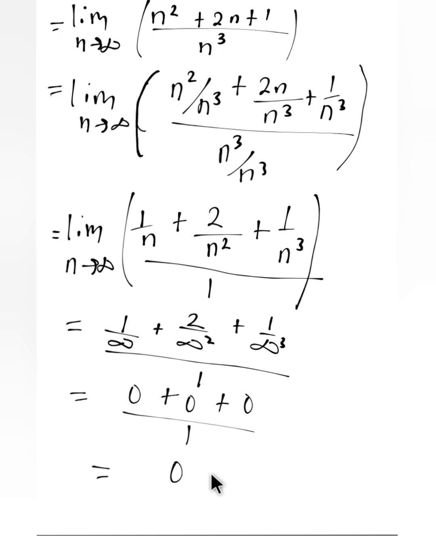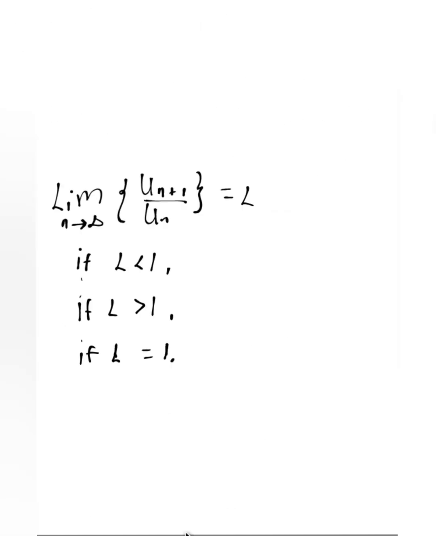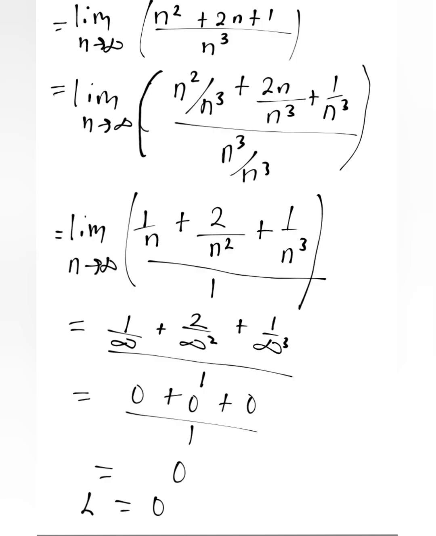So the limit L is equal to 0. From the condition given in the ratio test, if L is less than 1, then the series is said to converge. So since L equals 0, which is less than 1, the series is convergent.